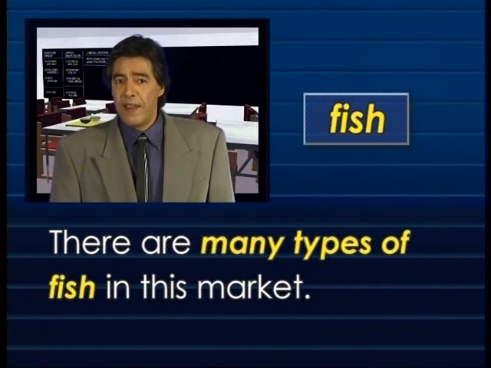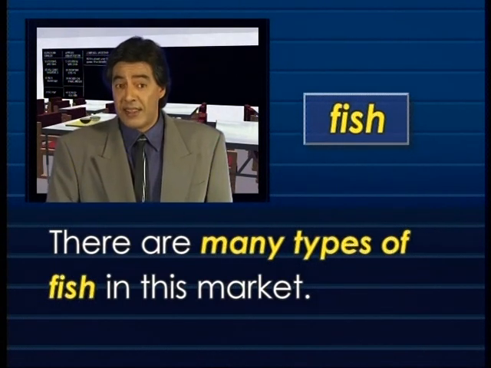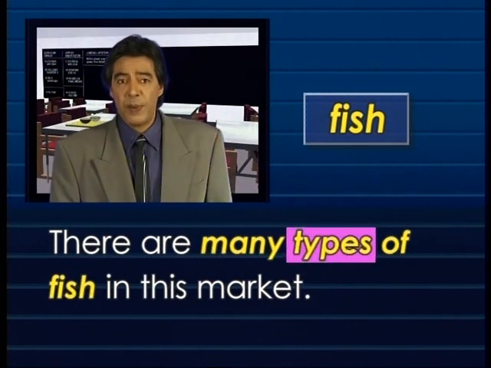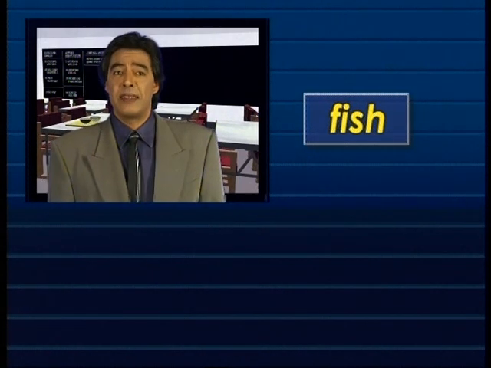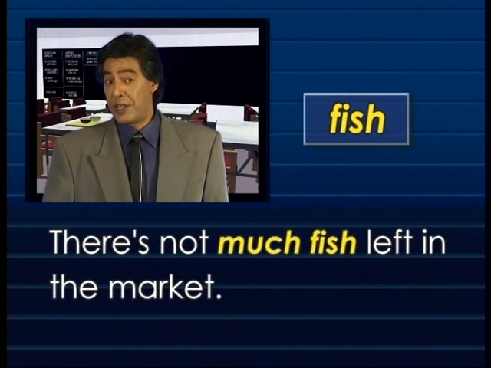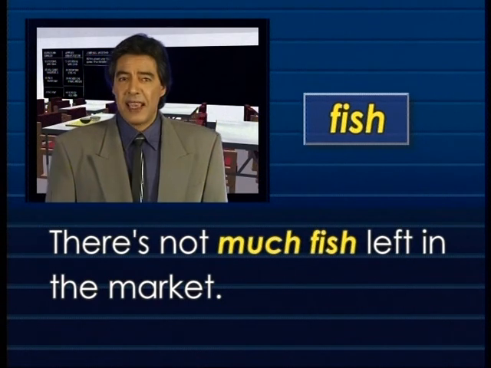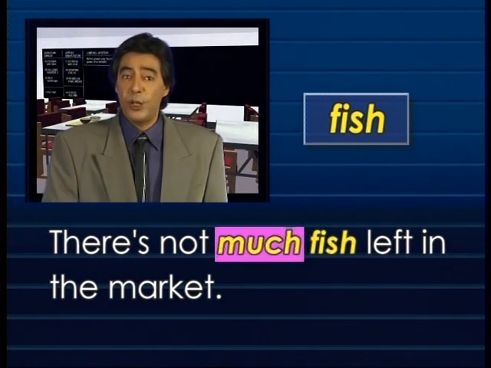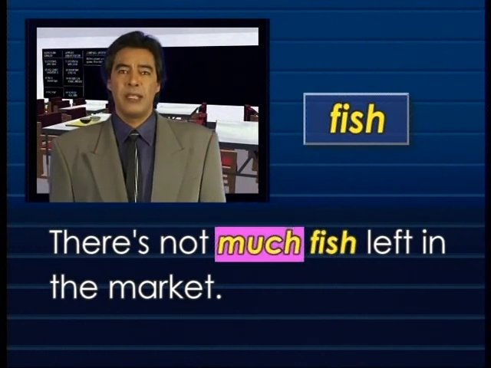In this case, fish is being used as an uncountable noun, and we use the countable noun type to quantify it. At the end of the market day, when most of the fish has been sold, a late customer might say, "There's not much fish left in the market." In this case, the word much indicates that fish is being used as an uncountable noun.